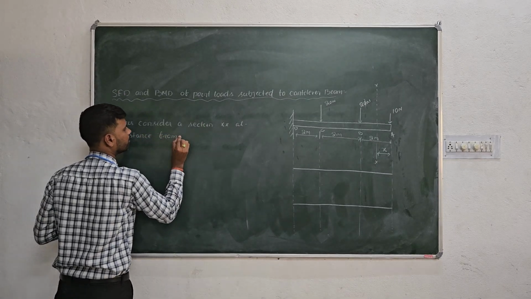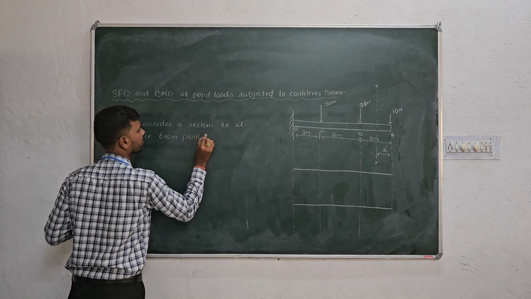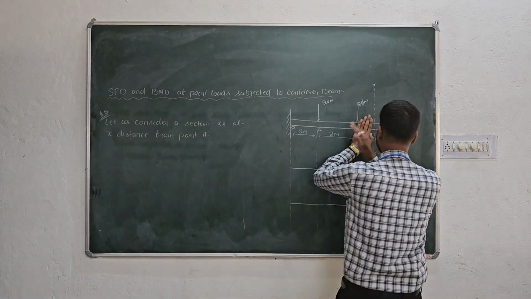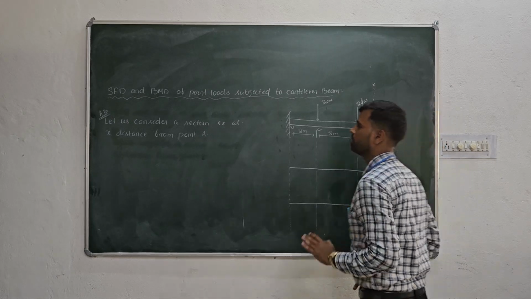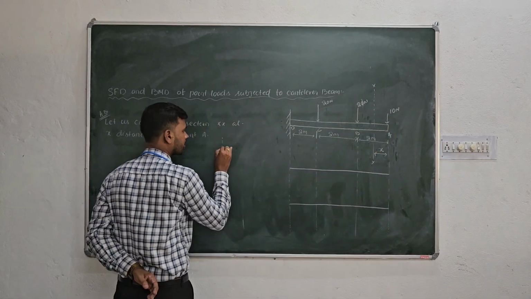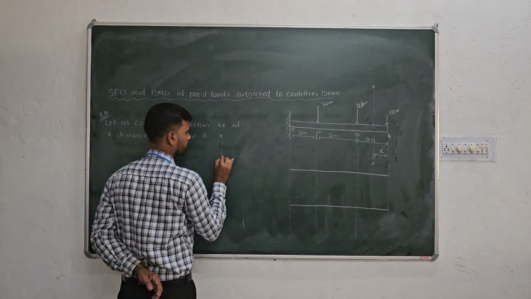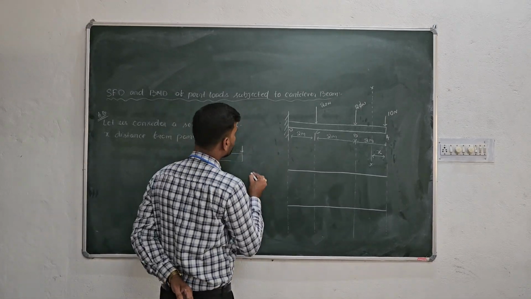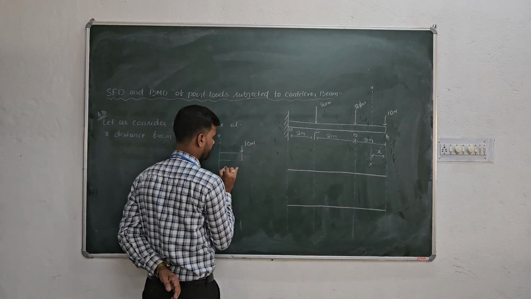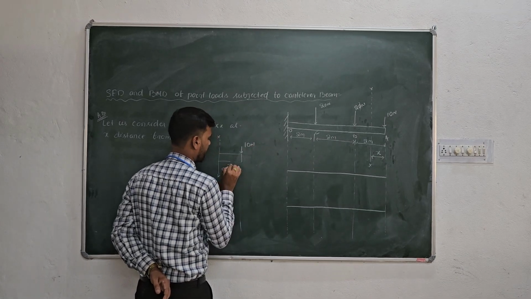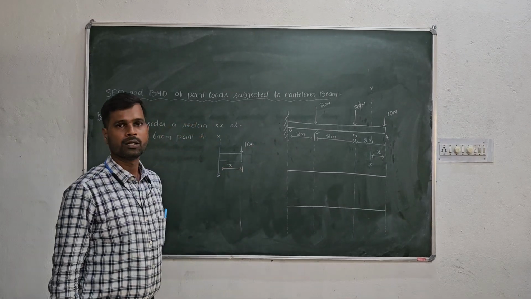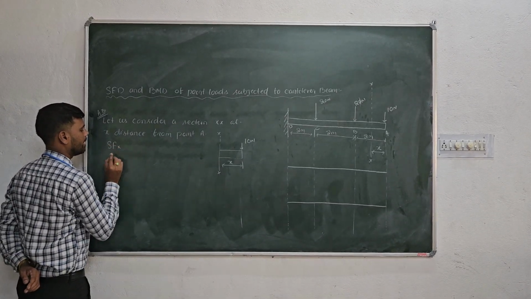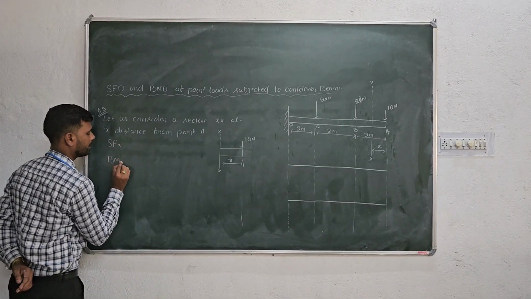Now draw this much only, forgetting the other parts. It will look like this: this is the section XX, this is the point A where the 10 Newton force is acting, and this distance is x. Now find the SF at x and the BM at x.